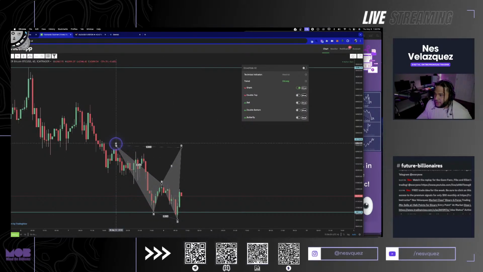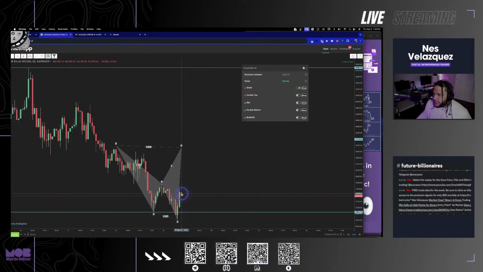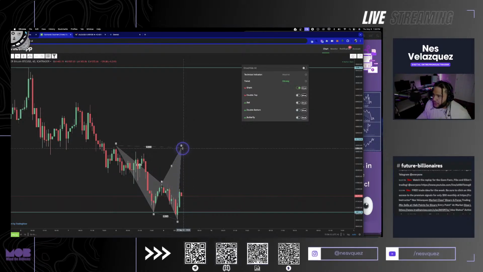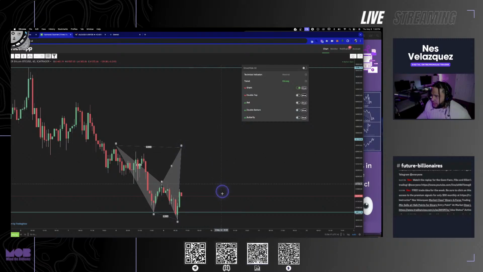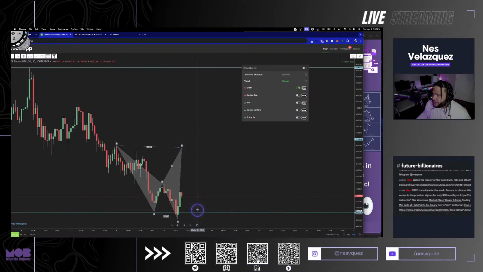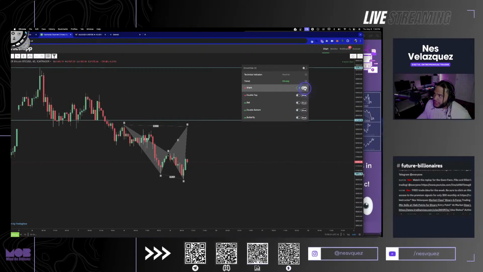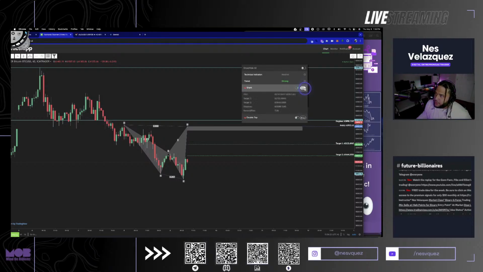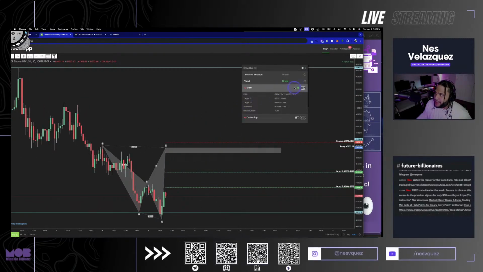Very slight. X, A, B, C, D patterns, basically. This shark is not completed, but when it does, it's going to hit that D point, and a reversal is expected. So it's expecting for this to drop again. If we look at the price points, this would be the entry, stop loss, and take profit price points right over here for the shark pattern.